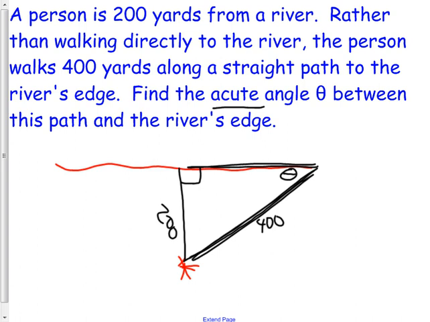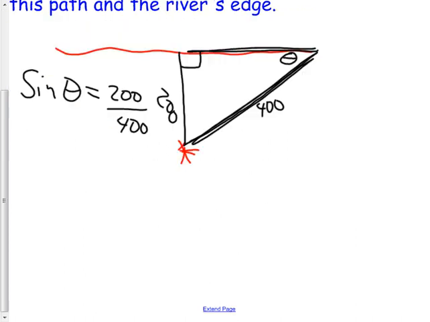Okay, and then you're going to say sine, cosine, or tangent. Well, this one I'd probably use opposite and hypotenuse. That would be sine theta equals 200 over 400. That happens to work out to be 1/2, and I have this one memorized, but you don't even have to have it memorized.